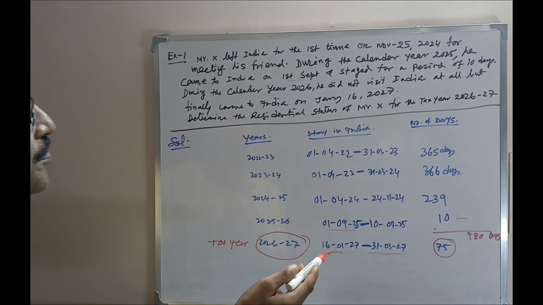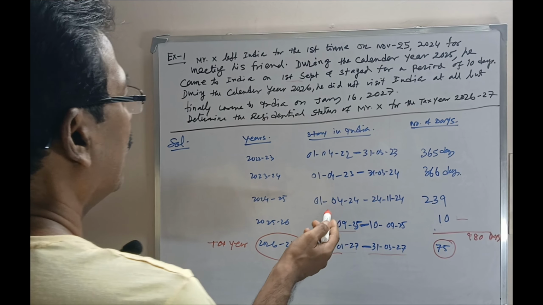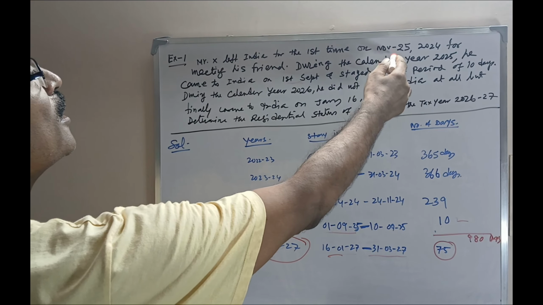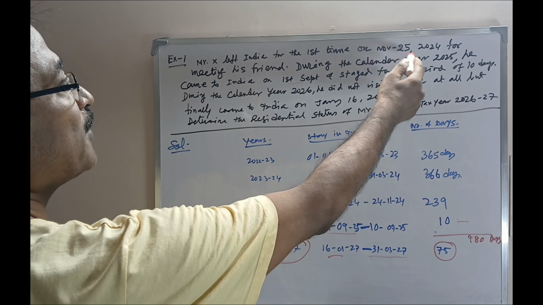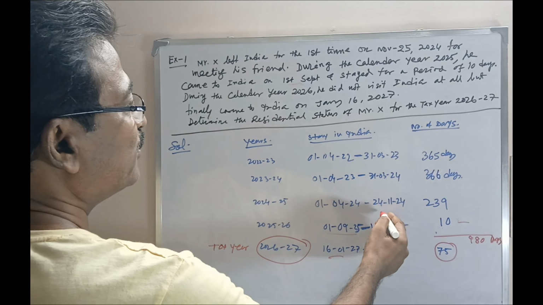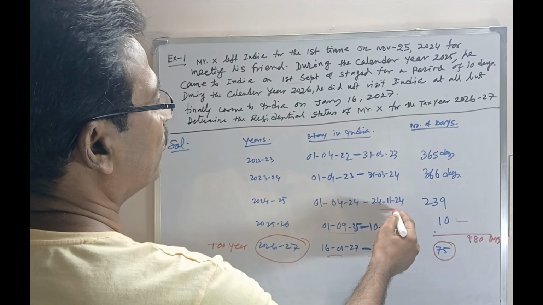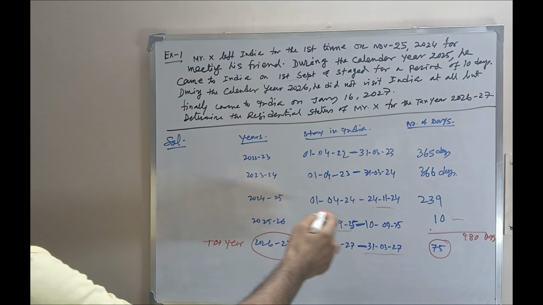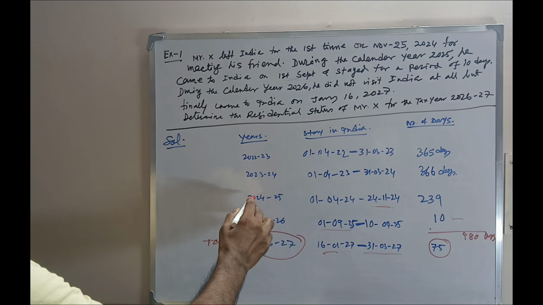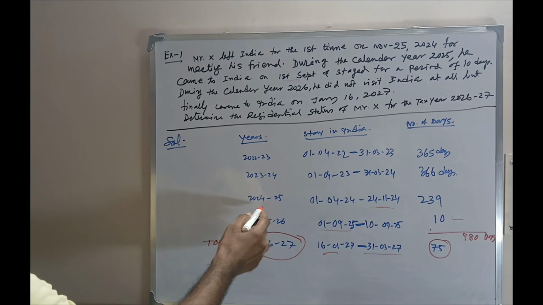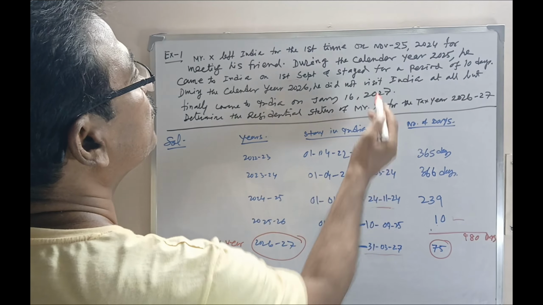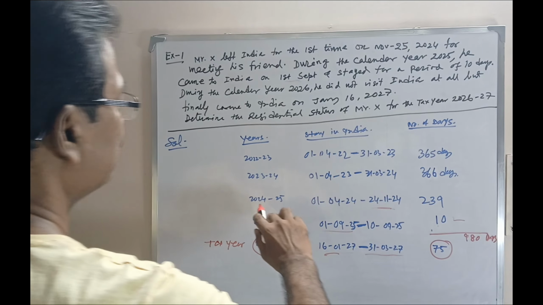Then 2024-25, he left on November 25th, 2024. That means up to 24 November 2024 he was in India. So in this financial year, from 1st April to 24th November he was in India.